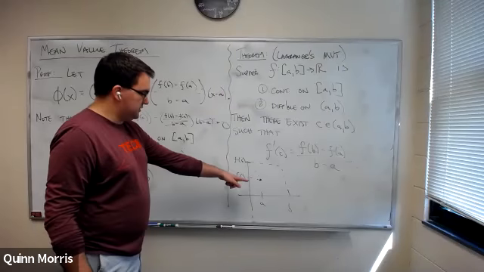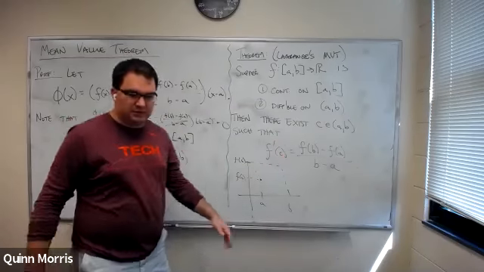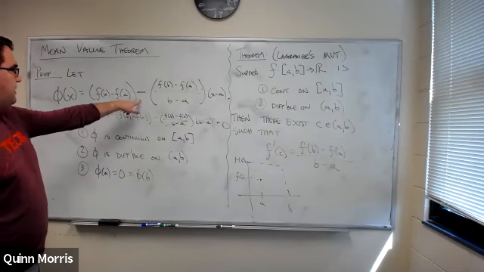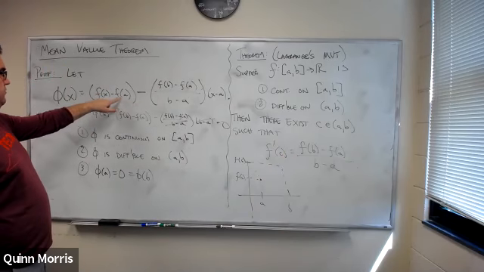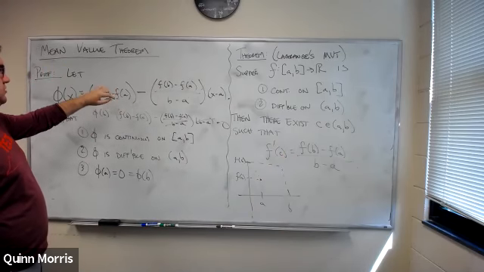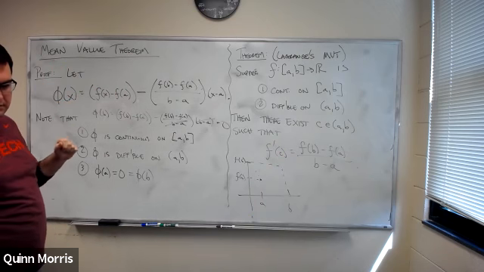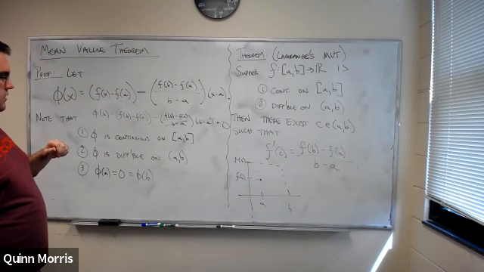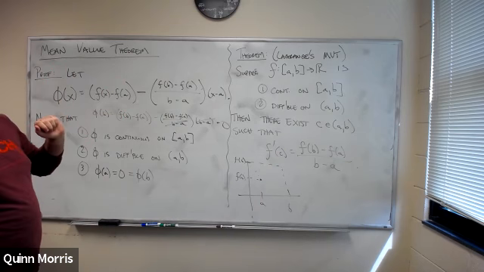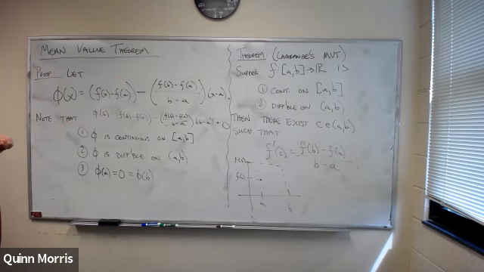So this is exactly the function that will take my endpoints and map them down to 0. In fact, it's really just a linear function. Well, sorry, I shouldn't quite say that. It's not exactly a linear function, but it does this in exactly the way I want.